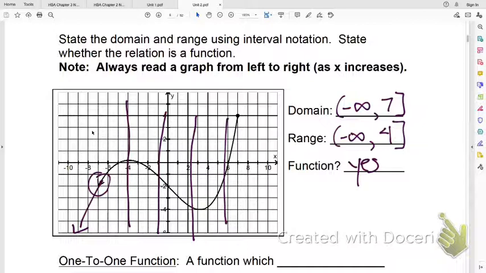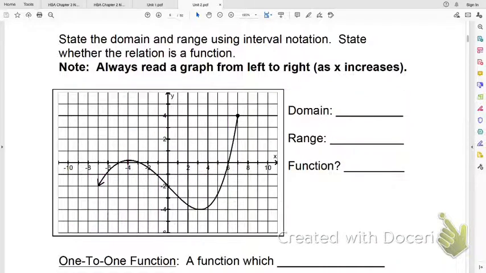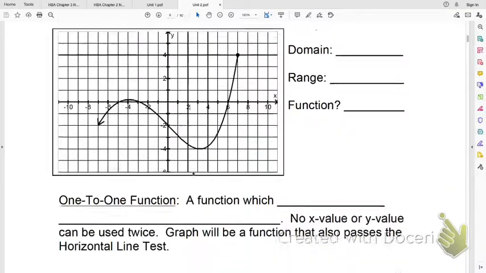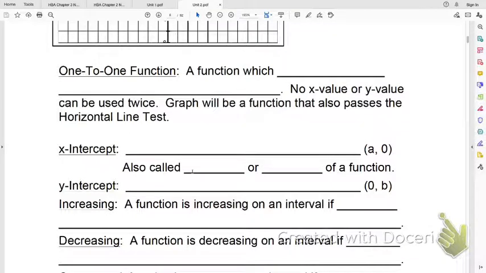Now, do we remember talking about one-to-one functions at all? No? Okay. So a function is a function if it passes the vertical line test. Each x value has exactly one y value. In a one-to-one function, it goes one step further. A function is defined as a set where each x value has only one y value.